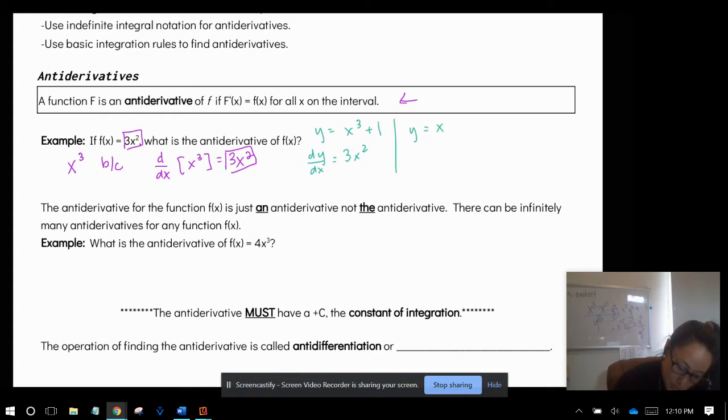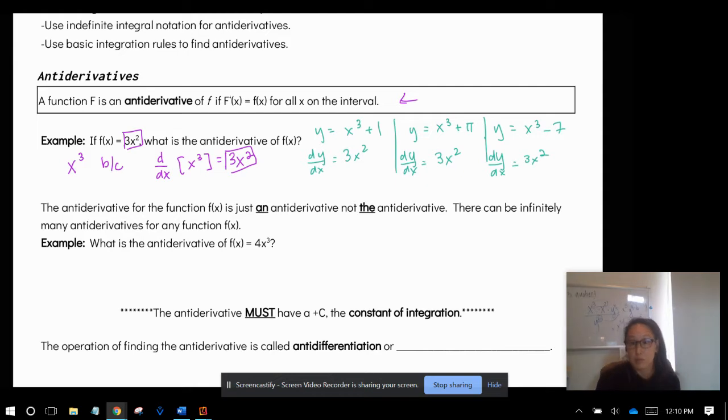Okay, let's do another one. y is equal to x cubed plus pi. dy/dx is equal to 3x squared plus 0. Another, y is equal to x cubed minus 7. dy/dx is equal to, oh, not x cubed, 3x squared minus 0.